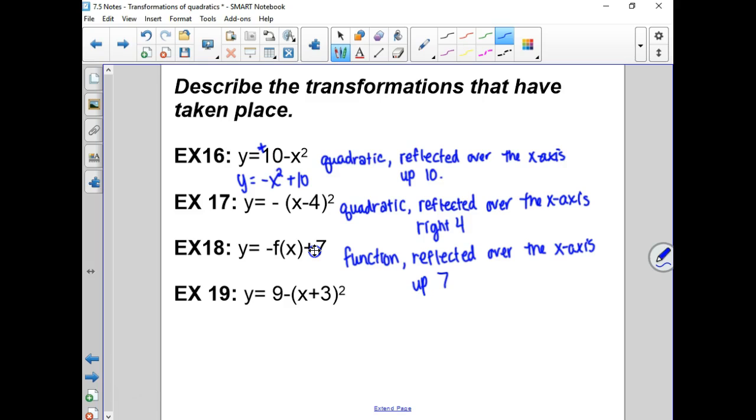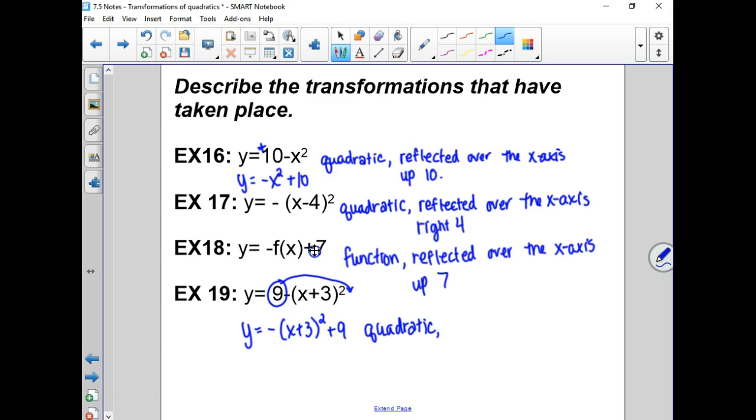Our last one may seem a little bit tricky. It might be helpful to move this 9 to the end and write it like this: y equals negative x plus 3 squared plus 9. Just move that positive 9 there to the end. So here we have a quadratic.